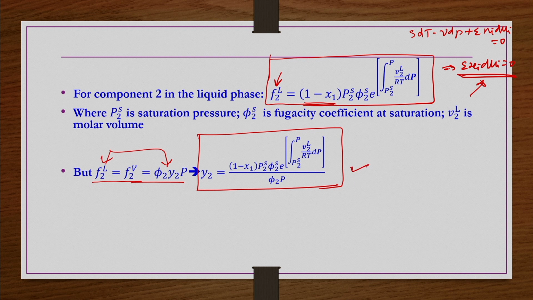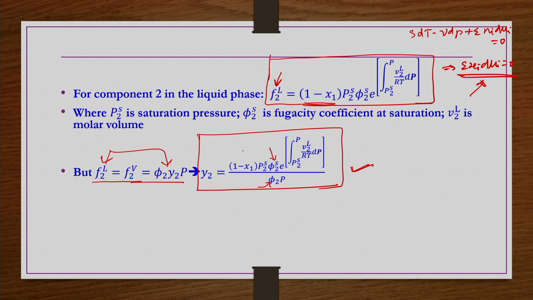So y2 is known if you know V2L, P2S and x1. That tells you how much liquid is dissolved in the compressed gas, that is, the mole fraction of the heavier liquid solute component in the gaseous phase, which you can find from this expression.